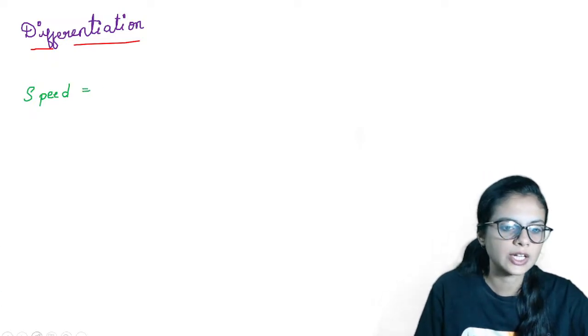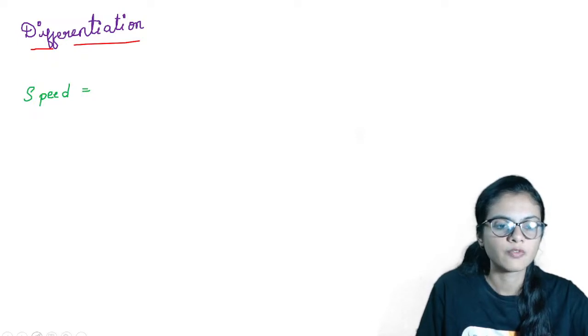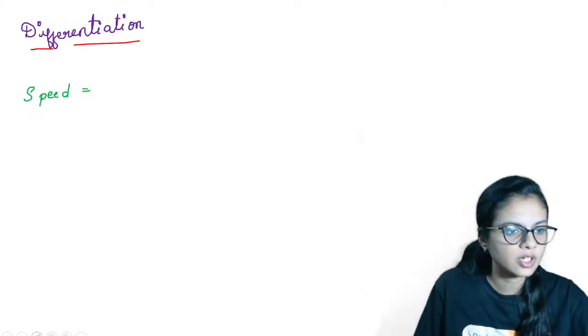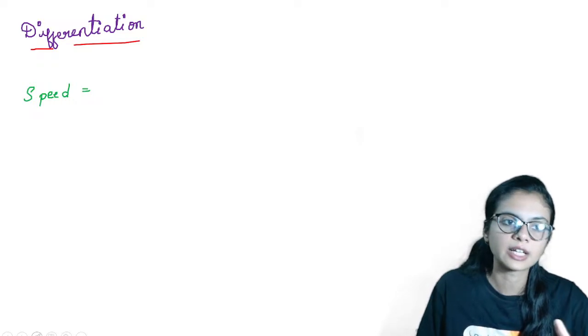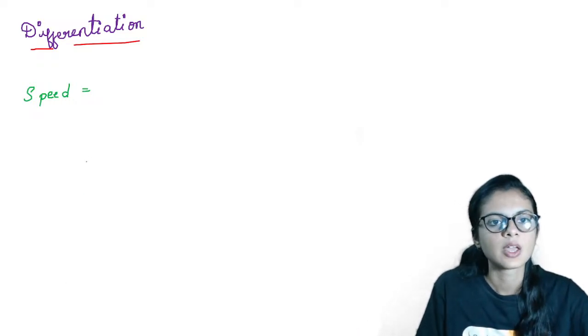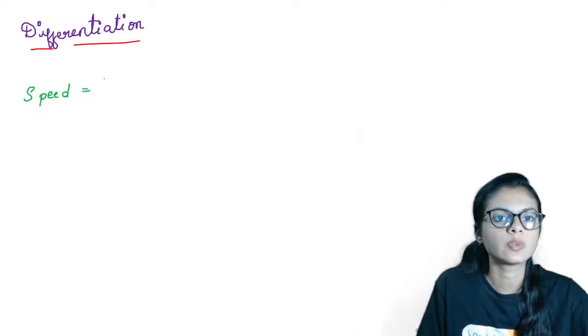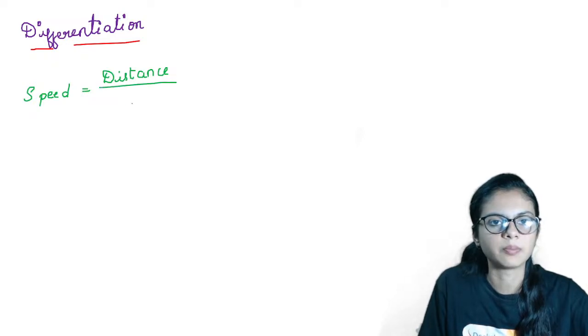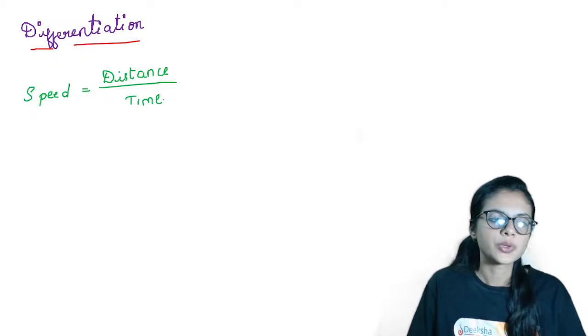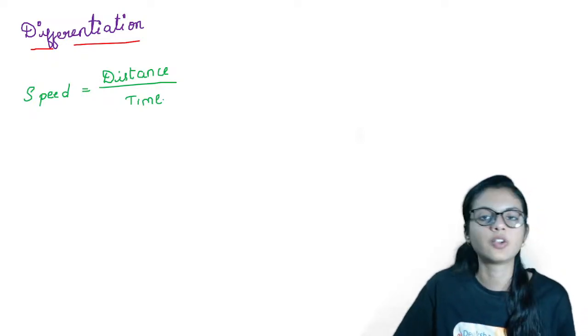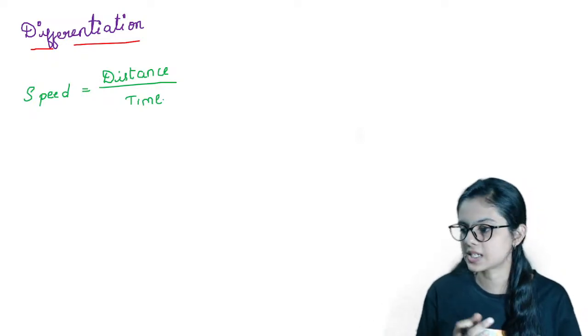I want to calculate the speed of an object. Which particular formula should I refer to solve this as per your ninth standard knowledge? As per the ninth standard knowledge, we know that it is distance by time, right? We already know about this. So what is new? What different are we going to study in our 11th standard?